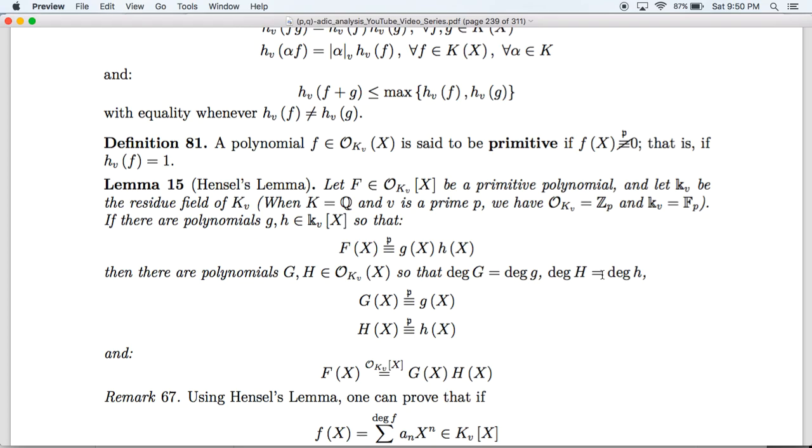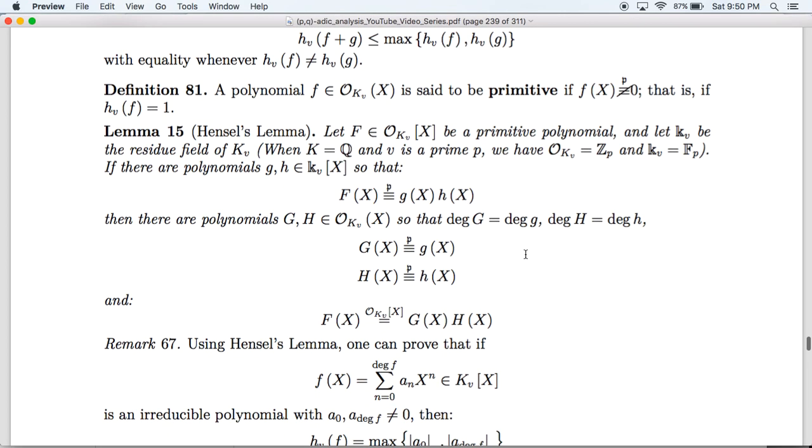Hensel's lemma is normally stated using Newton's method, which it is equivalent to, and while there's a certain aesthetic pleasure in that, I like this version a lot because it shows how we actually use it. So let f be a primitive polynomial with coefficients in the v-adic ring of integers, and let k_v be the residue field.